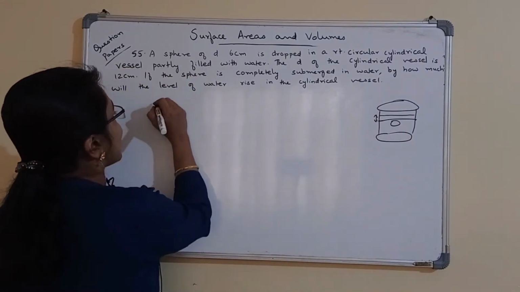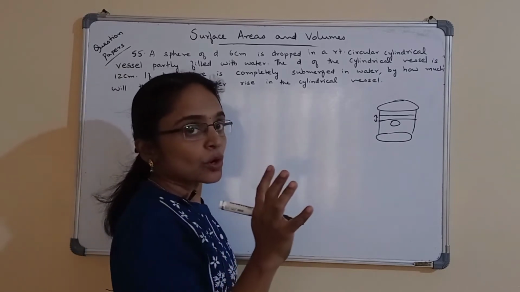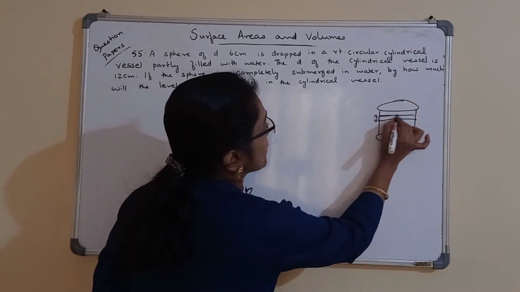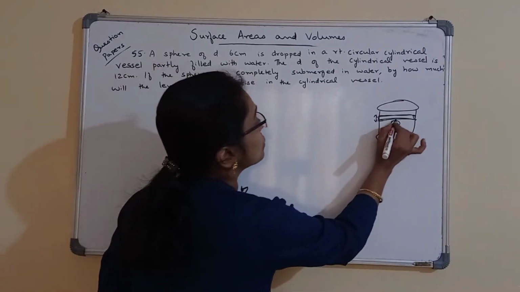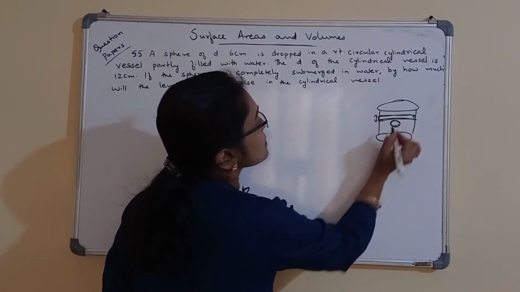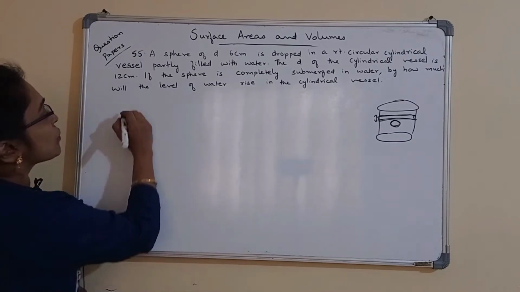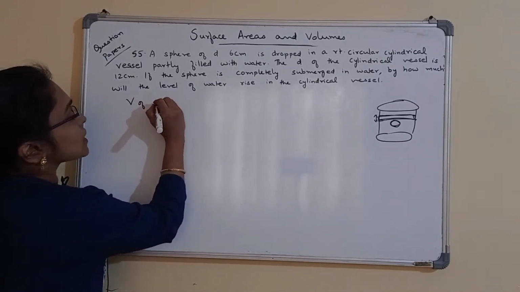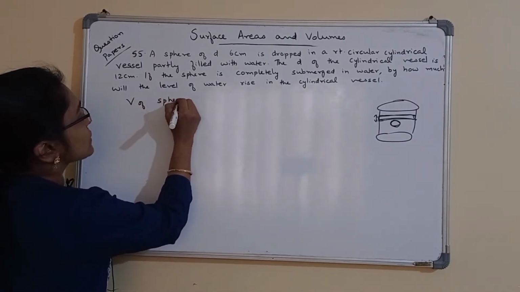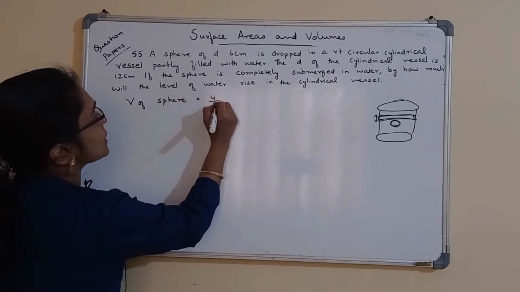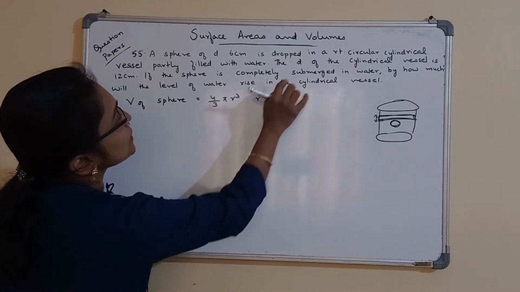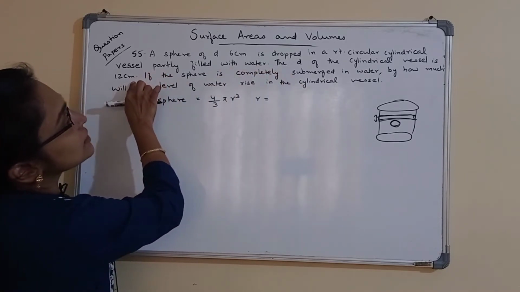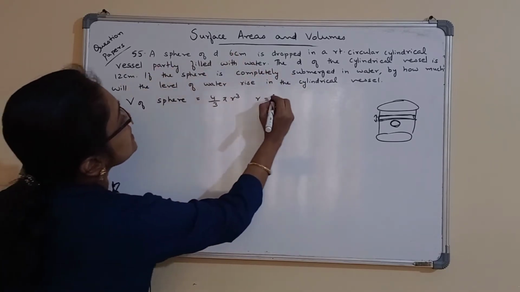And we know that this rise in water, that is this volume, the volume of this will be equal to volume of this, right? So, volume of sphere is equal to 4 by 3 pi r cube, where r is given as 6 by 2.